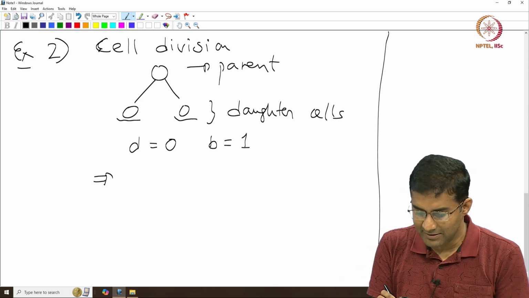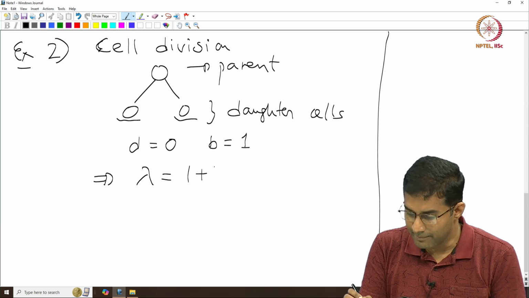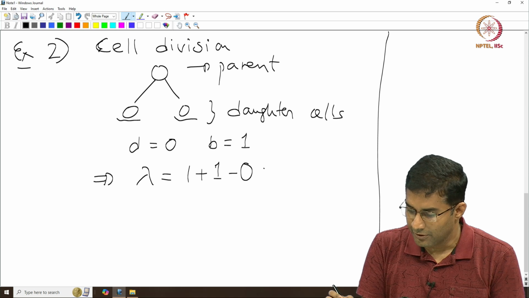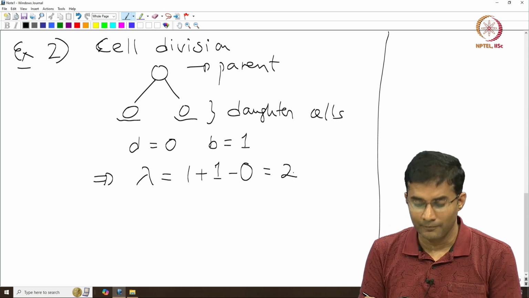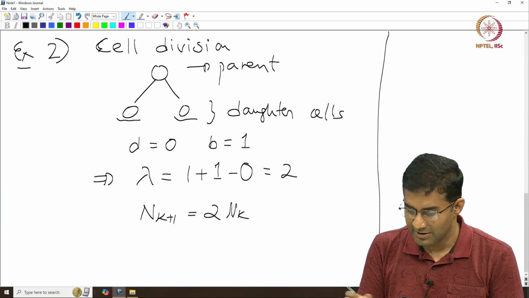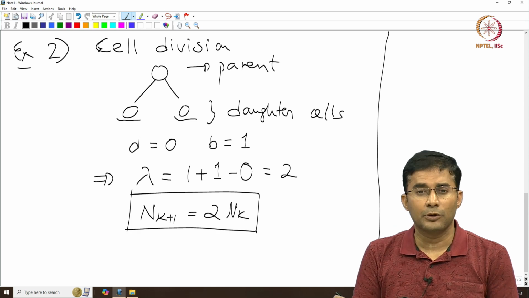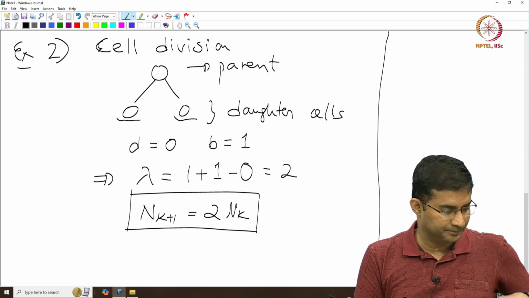So, this means that lambda is equal to 1 plus b, which is 1, minus d, which is 0. So, therefore, lambda is equal to 2, and therefore, our expression for how population changes across generations will be given by Nk plus 1 is equal to 2 times Nk.